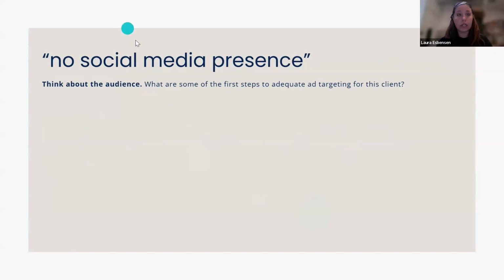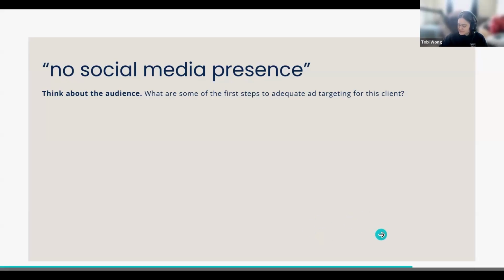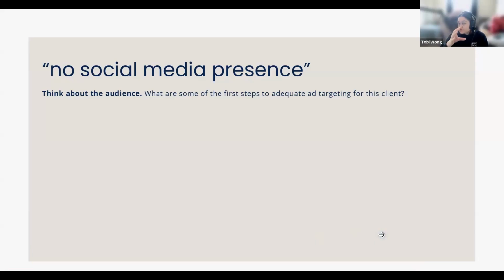Toby, could you throw out an idea? Yeah. So in terms of ad targeting for this client, since they want direct calls to the spa, with no social media presence, they're probably going to need something to do with what kind of graphic or visual you want to give for people to want to click on a button to see what they're doing.